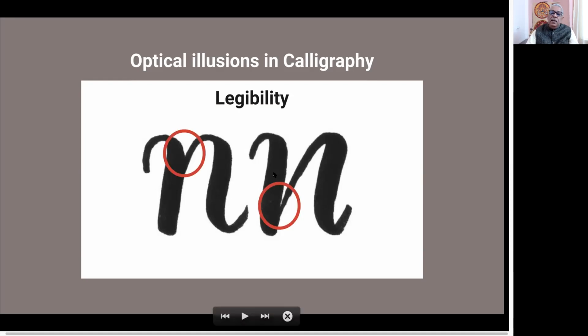So the way the upstroke meets the main stem is deliberately kept lower, so that this negative space contributes to improving the legibility of the letterform n. Otherwise, there is a lot of chance of n being mistaken for other characters.